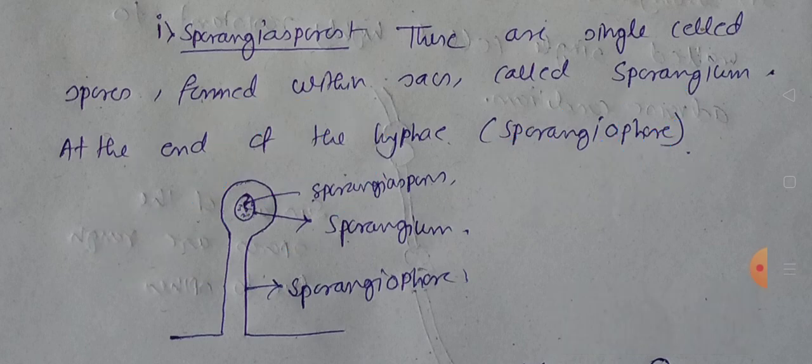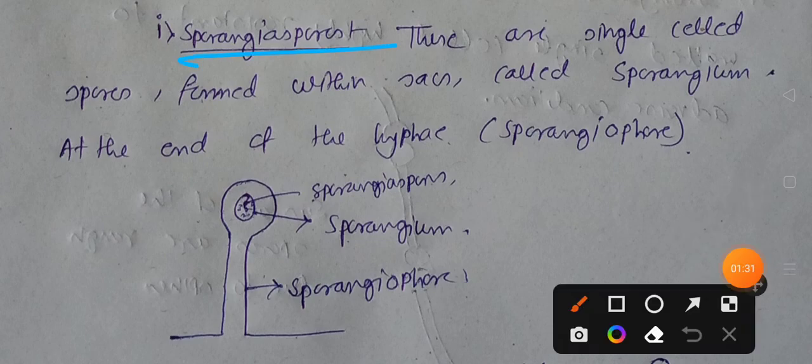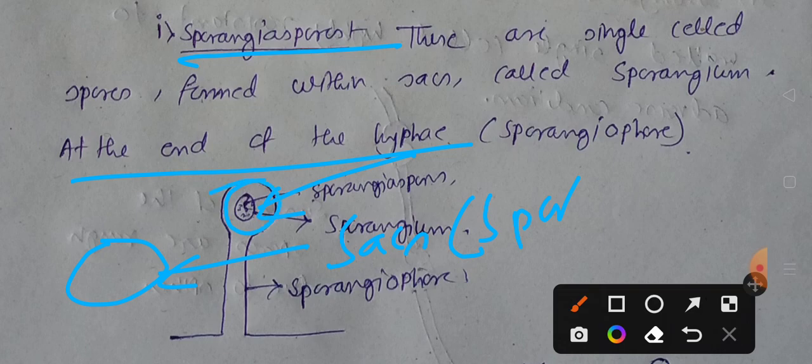For now, let's understand this thing. So this sporangiospore is usually present at the end of the hyphae. Okay, and it is usually formed within a bag-like structure, which we are going to call a sac or sporangium.